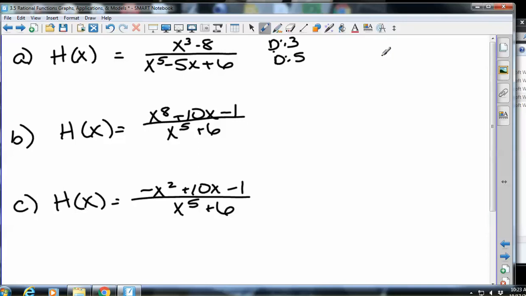The degree on top is smaller, it is horizontal, y equals 0. That was the first rule.